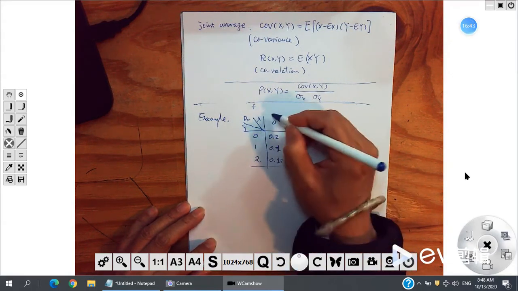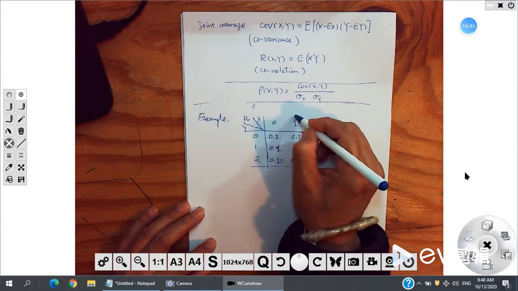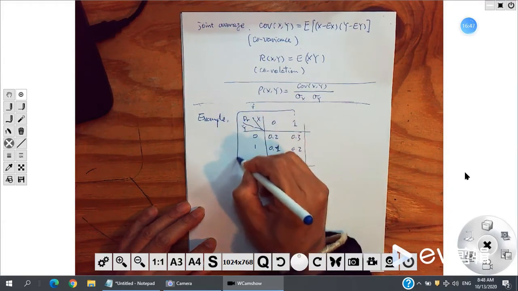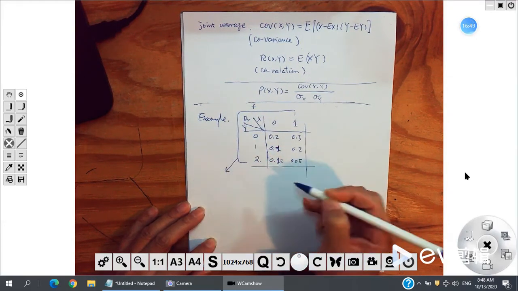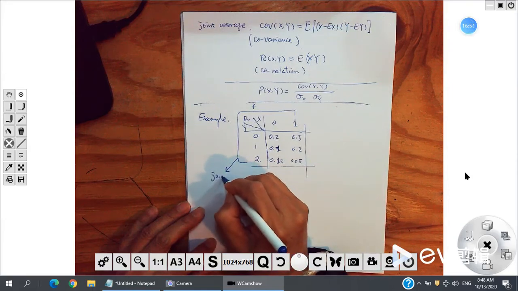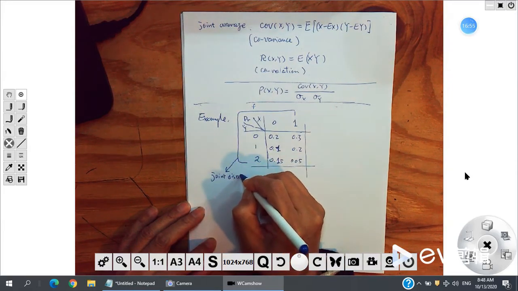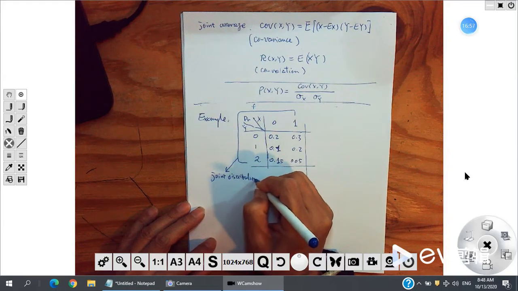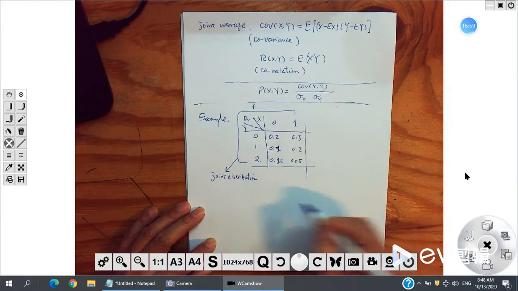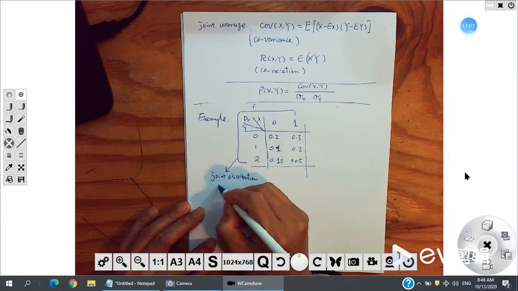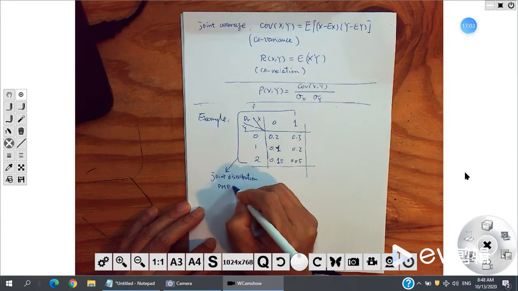All of these give us a joint distribution. Actually, it's a PMF now. It's a discrete type.